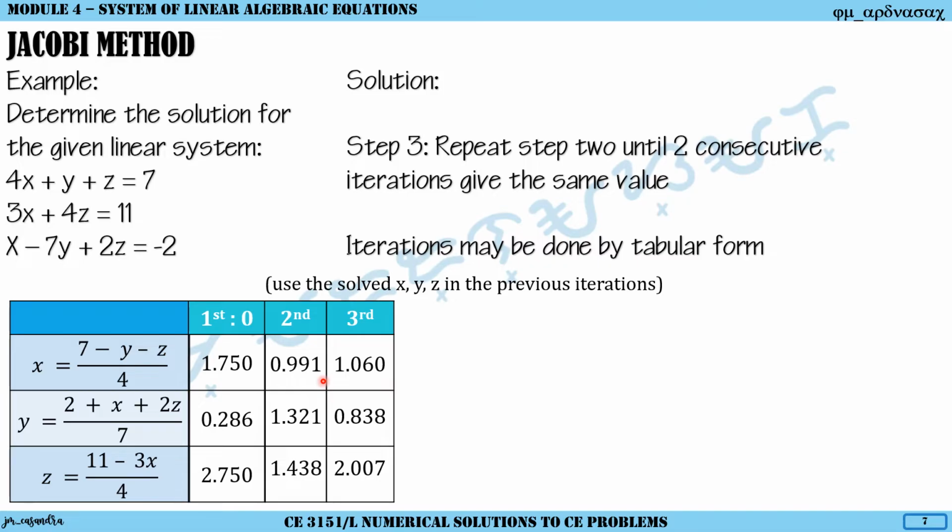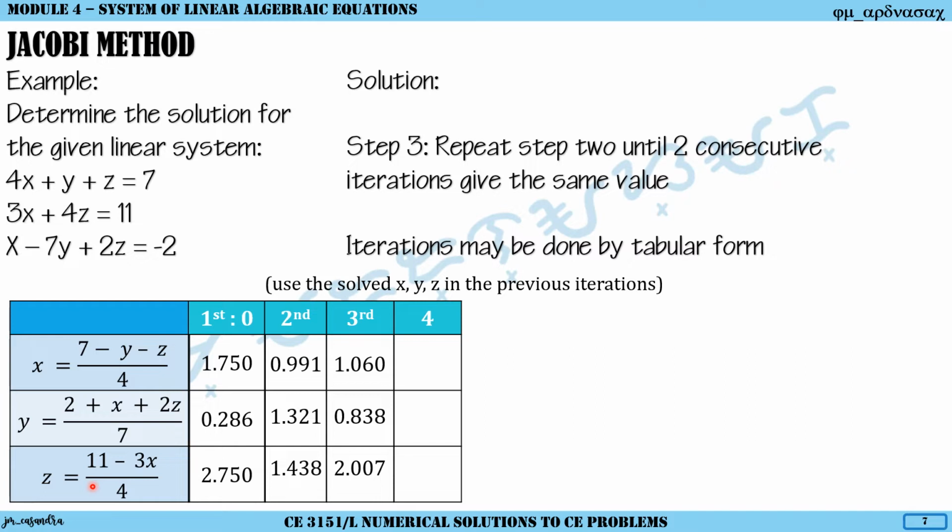That's equal to 2.007. Still not the same, so we move until the next iteration. Same process. I just substitute the values of the previous iterations in our working equations until we arrive at two consecutive iterations with the same value.